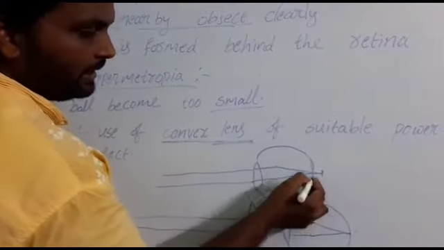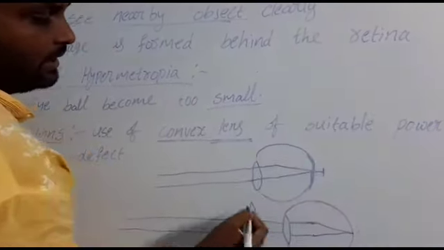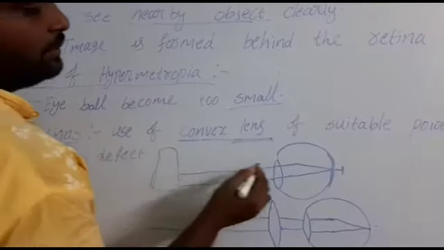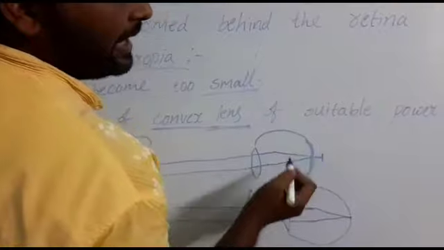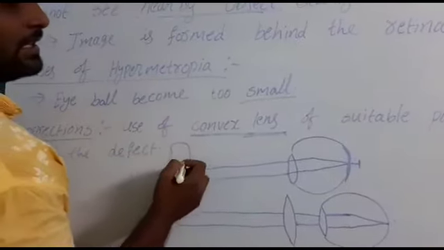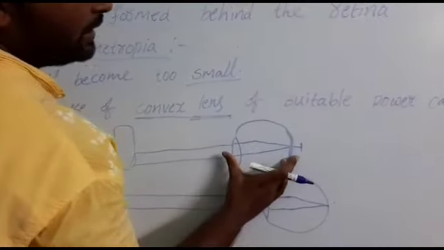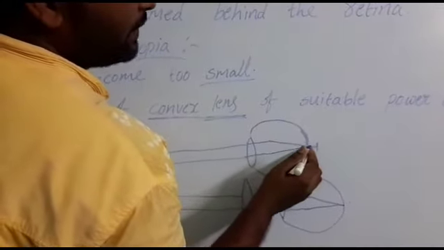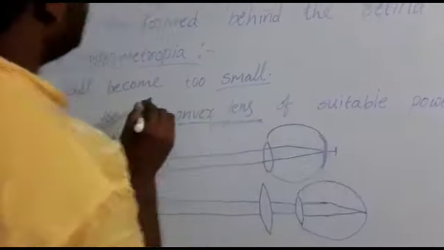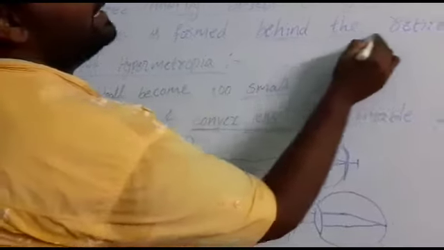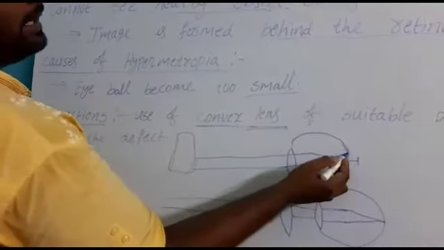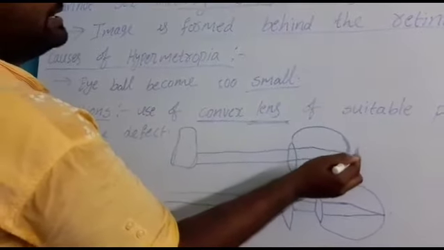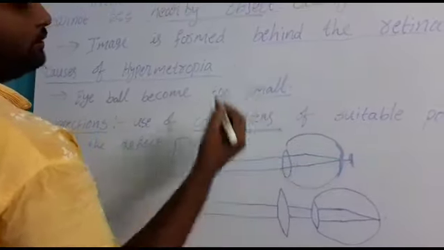Our retina is here, and the image should be formed on the retina, then only we can see the object. But here the eyeball becomes small, so the image is formed behind the retina, so we can't see the object clearly.